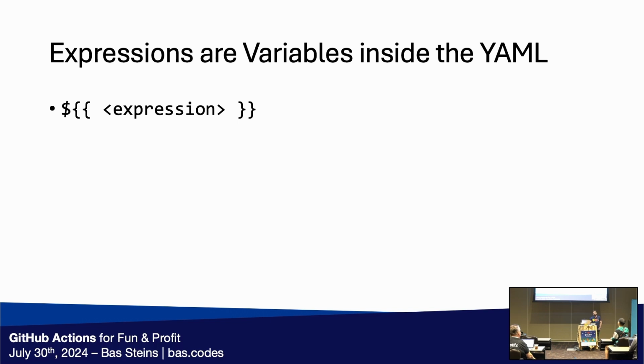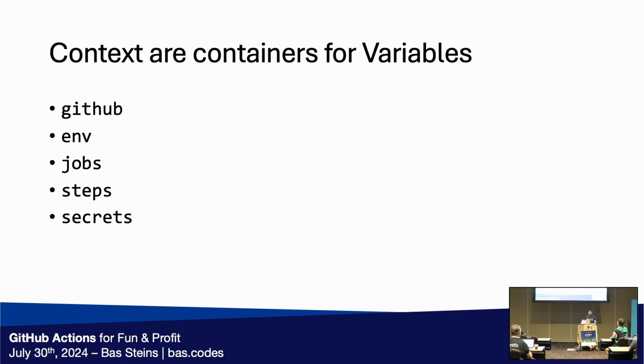The contexts where these values come from can be github, env, jobs, steps, or secrets. Basically, these are containers for your variables. You can define secrets, which you might need for storing credentials to push to production. You have the github context, which contains basically your tag name or your commit ID and stuff like that. We will see how they work later on.